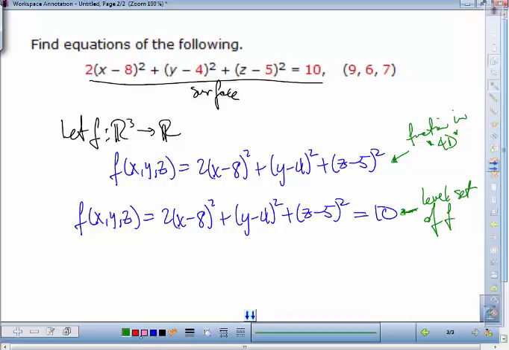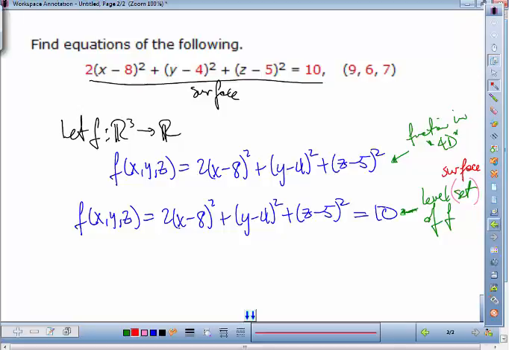The word set here we can replace with the word surface, because the domain is 3-dimensional, and so we're looking at a 3-dimensional surface.